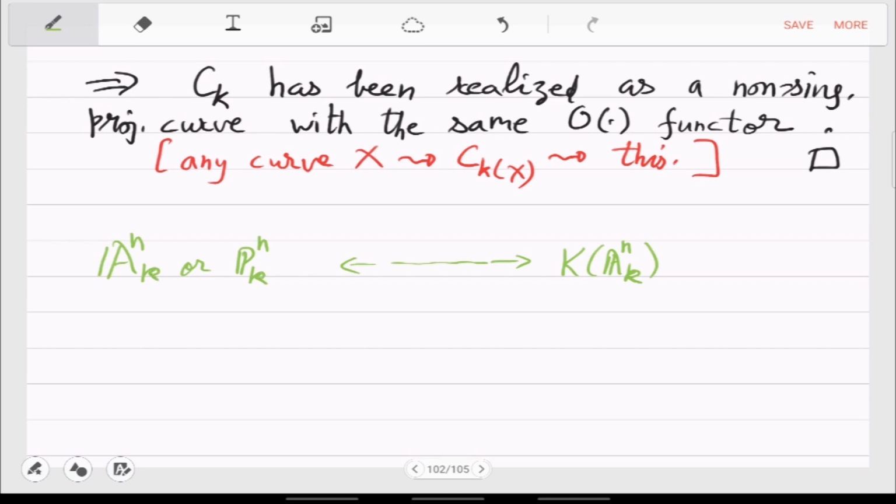Small k and big K, which is the function field on n variables, transcendence degree n. In fact, I should say here transcendence degree 1 maybe.